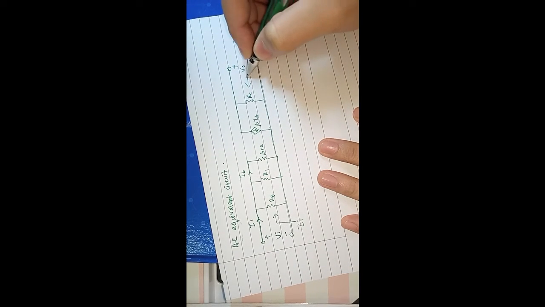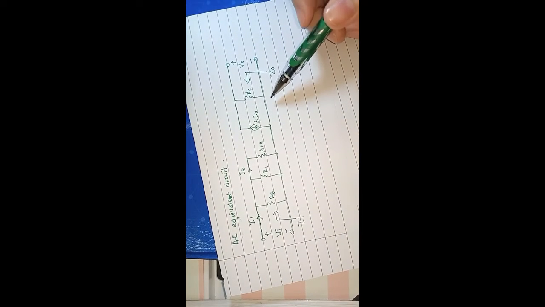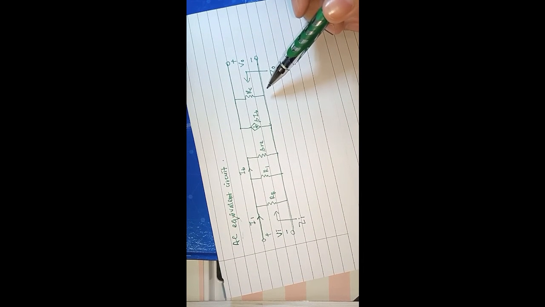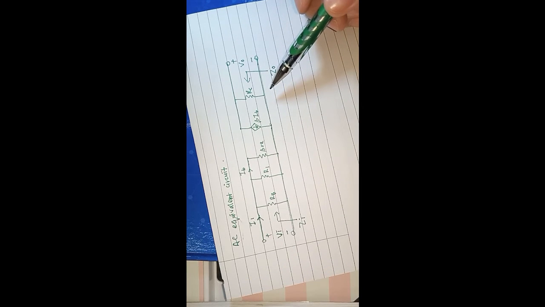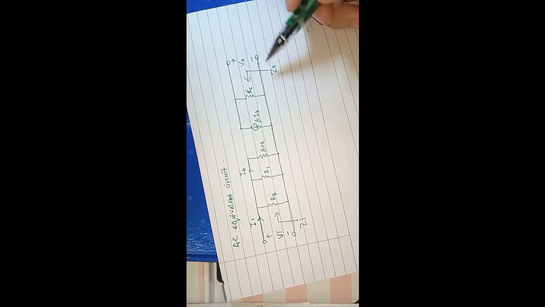So from here we will see Z out. In this equivalent circuit, we just ignore the RO, which the value is infinity, so we can ignore it.